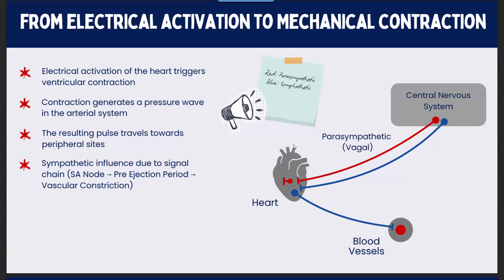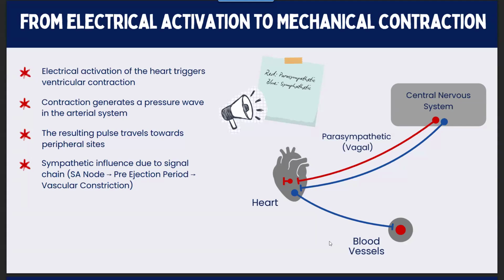However, as it relates to PPG, we need to think about all of the physiological processes that come after this electrical start command. Following electrical activation, the heart then triggers ventricular contraction, where we're pushing the blood out of the heart. And this will then create a pulsatile waveform that will travel through the arterial system.